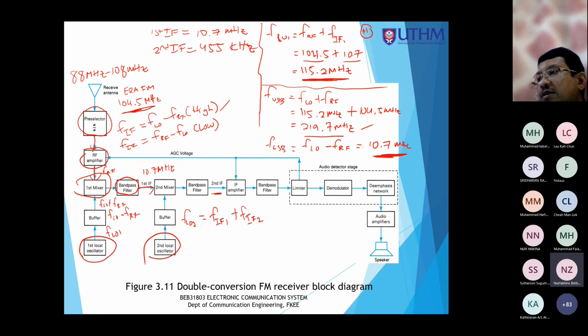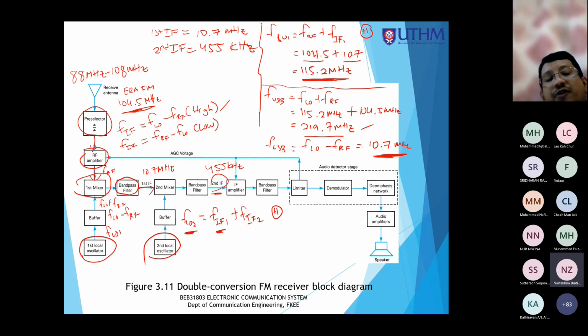This is if I use the high side injection. If I use a high side injection, I assume that the second local oscillator frequency is higher than the input frequency, which is FIF1. So what I need to do is add the output. The output here is FIF2, the second IF, which is 455 kilohertz. This is by standard centered at 455.